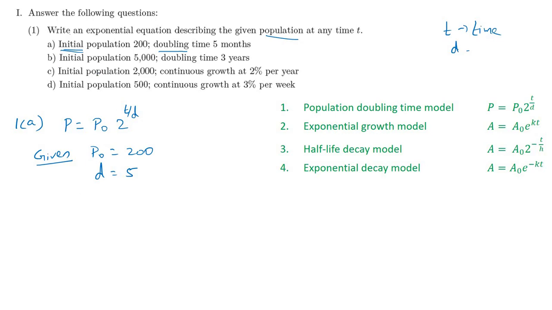So what will we get? Any other values given? No other values are given. At any time, so time is not given. Any time means keep it T itself. Therefore, P equal to initial value 200 multiplied by 2 power T divided by D. What is D? 5. That's all. So you should know how to write the equation.